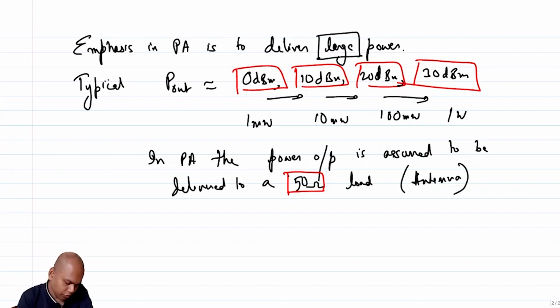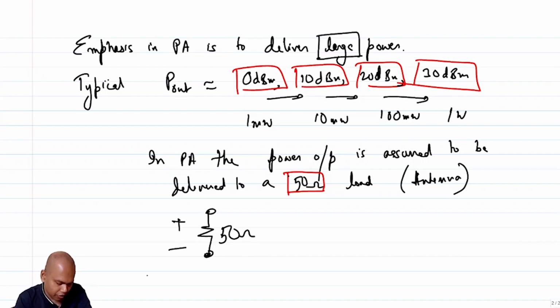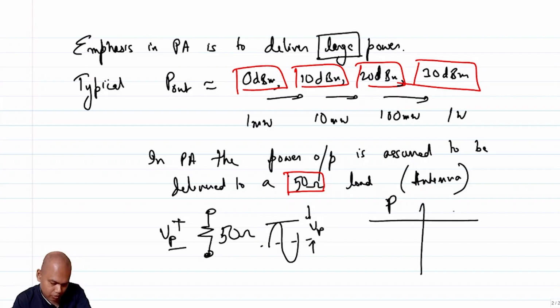So if you have a 50 ohm impedance, and the voltage swing is a sinusoid of amplitude Vp, then for 0 dBm, the power is essentially Vp squared by 2R, R is 50, so Vp squared by 100, right?